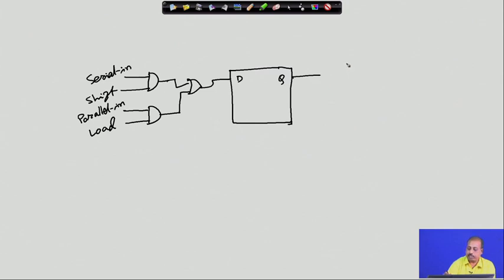So, I can have one AND gate here where this value is coming and the other value that is there is a read.